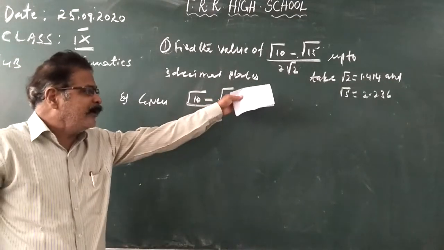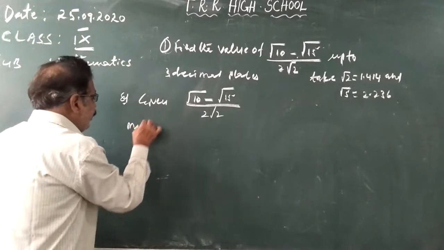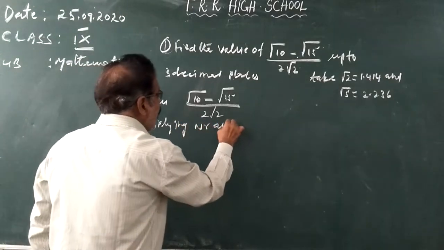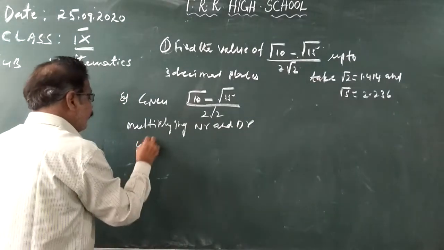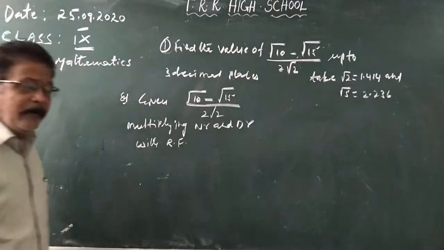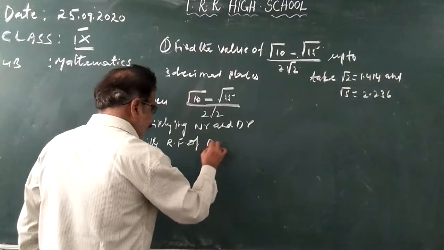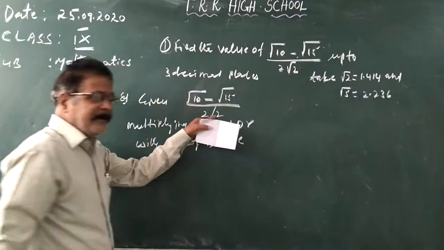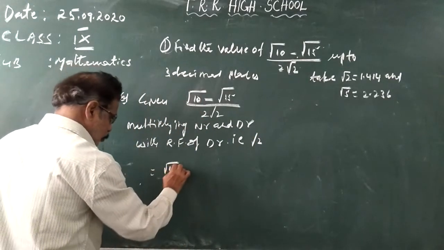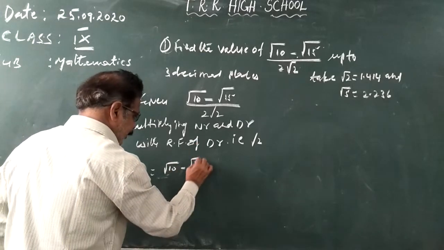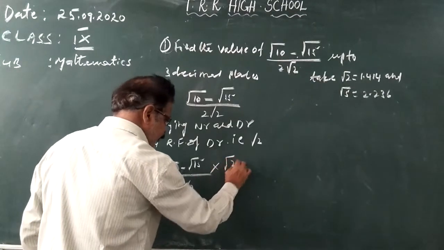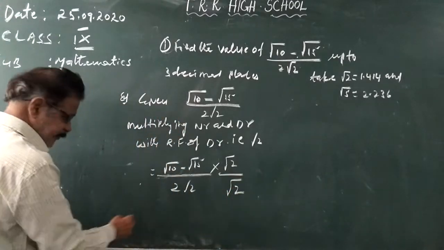You have to multiply both numerator and denominator with the rationalizing factor, that is, root 2.